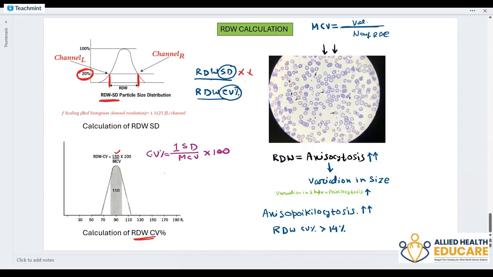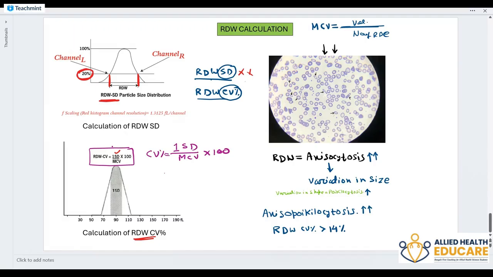From this formula, the machine calculates the RDW CV percentage. We need not calculate it manually because it is very lengthy, laborious, time consuming and near to impossible to calculate manually the RDW CV percentage or SD value. So let the machine do it. We need not worry about how to calculate. I am just showing you the fundamentals, how a machine calculates this RDW CV percentage value.